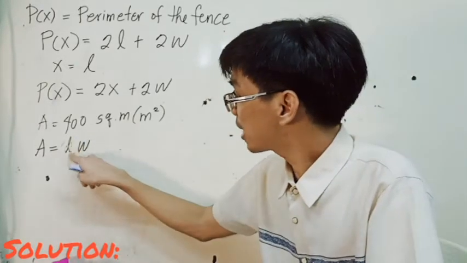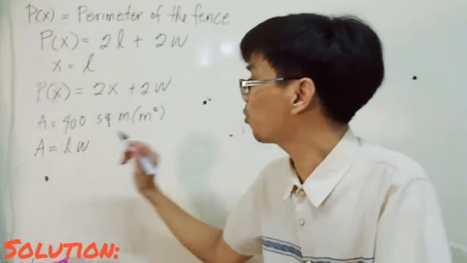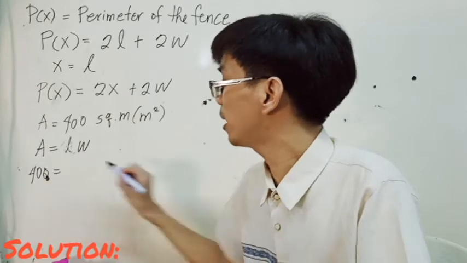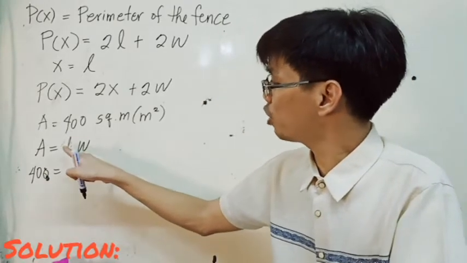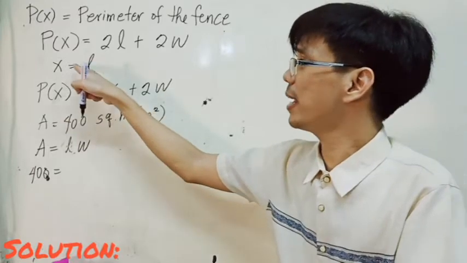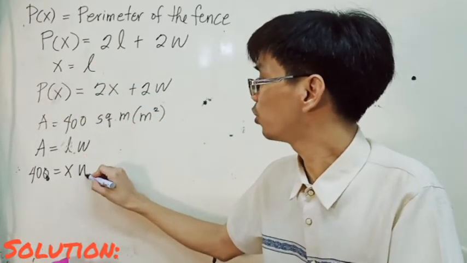So, substituting the value of A, which is 400 square meters, 400 equals L. What's the value of L? According to the problem, one side of the rectangular plane is x, so we use x, and then W.